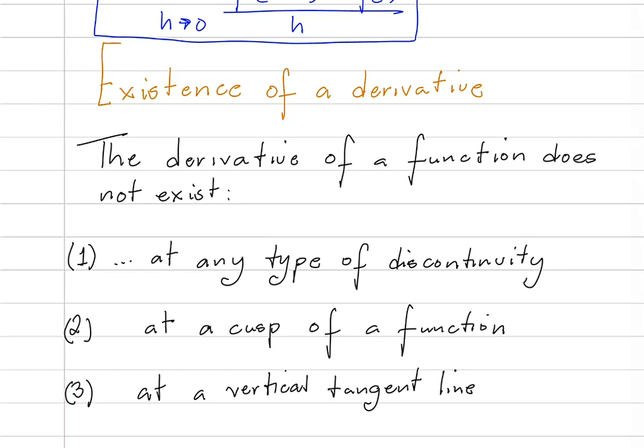We looked at discontinuity in the previous chapter: point discontinuity, jump discontinuity, and infinite discontinuity. So the gradient of a function does not exist at any type of discontinuity, at a cusp of a function, and at a vertical tangent line.